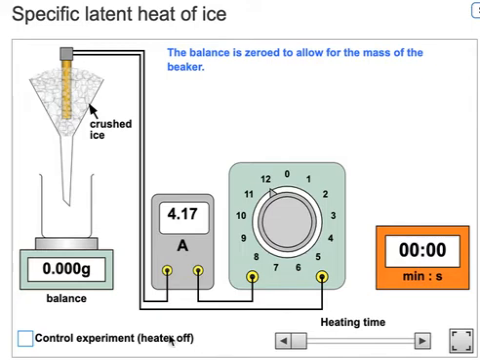And this is the kind of experiment that you would do to find this out, and this is the equipment that you may use. One of the ways you could do it is like this. You would have a balance with a beaker, and above that, with a clamp and a stand, a funnel with lots of crushed ice in it, and then a heater linked to a power source and either an energy meter, or an ammeter and a voltmeter.